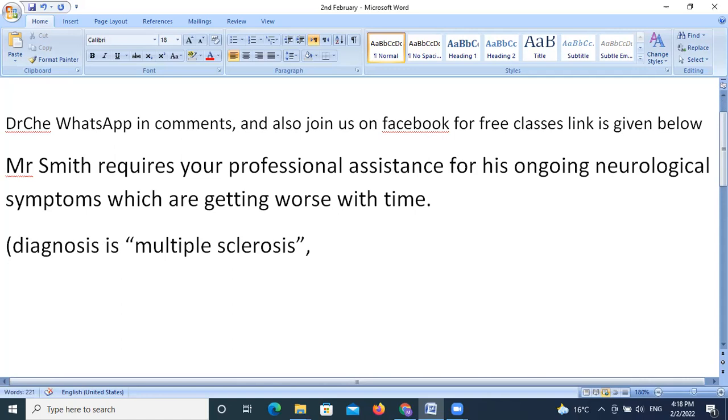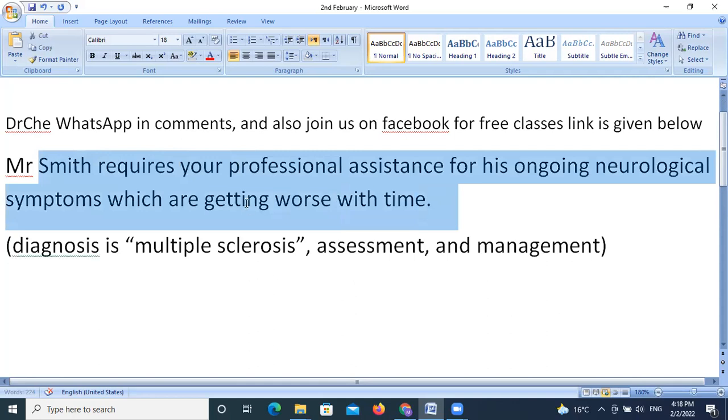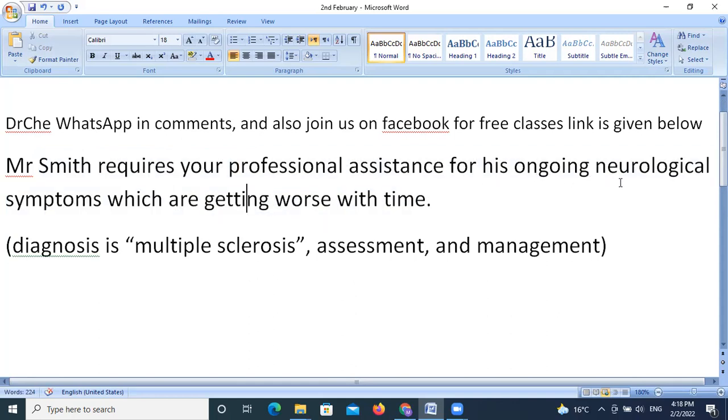And another thing is what we want from the reader is further assessment and management. Okay, so now let us read this again. Mr. Smith requires your professional assistance for his ongoing neurological symptoms which are getting worse with time.